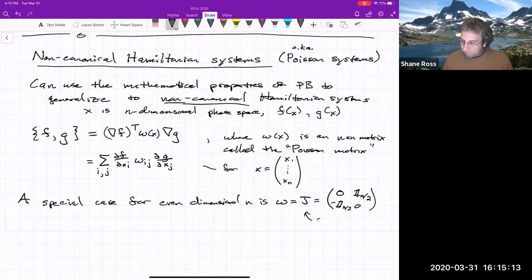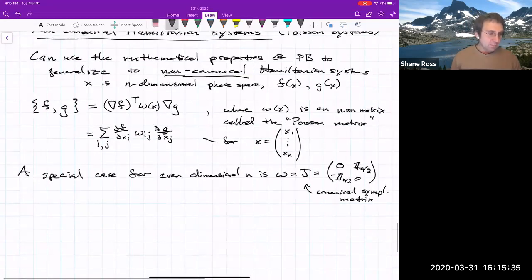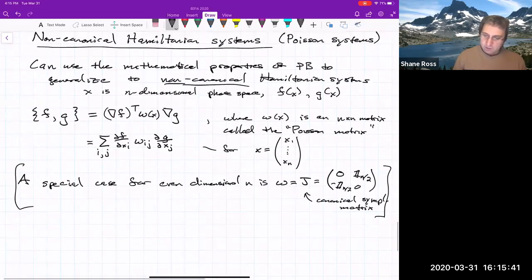So the canonical symplectic matrix doesn't depend on x, it's just some constants, zeros and ones. But in general, you could have this matrix depend on where you are in phase space. So maybe I'll put that as kind of an aside. We're talking about non-canonical Hamiltonian systems.